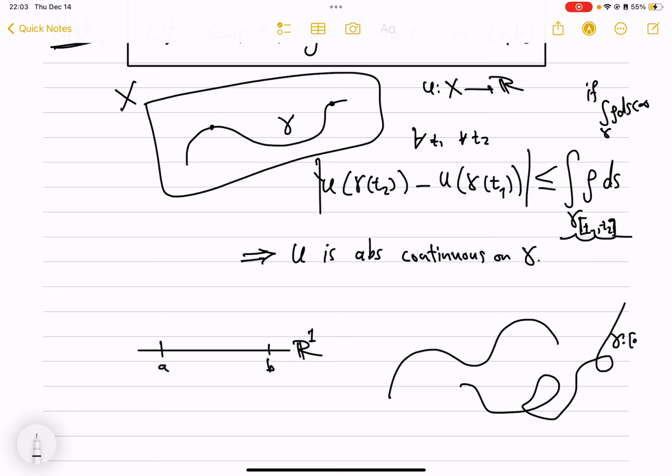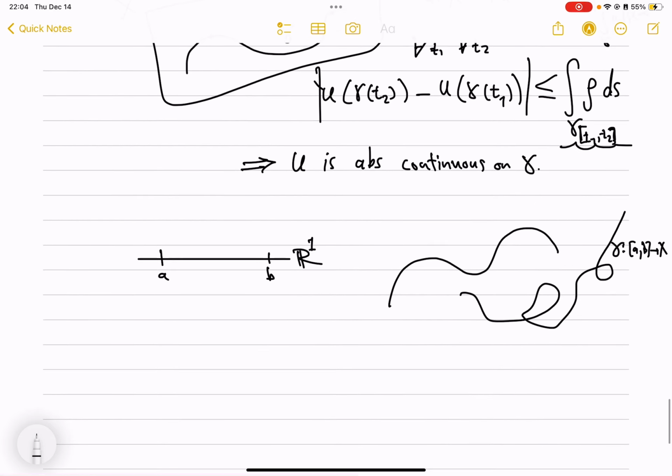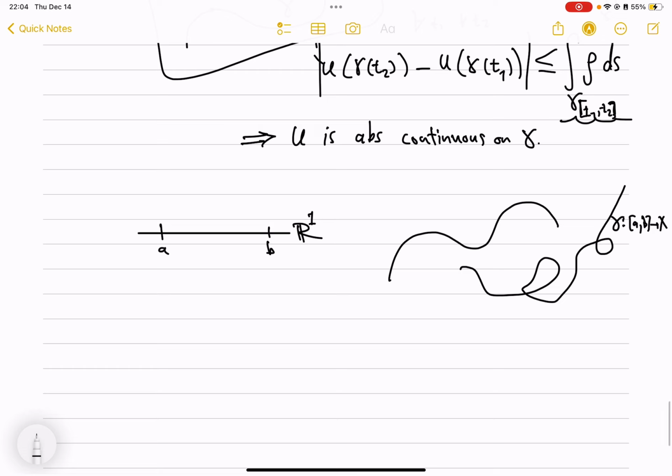So gamma will be a continuous function into a metric space. And once we're done with absolute continuity, we will introduce the notion of almost every curve, and putting these together will give us the Newtonian Sobolev space.